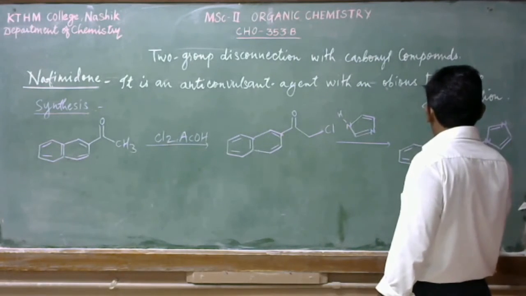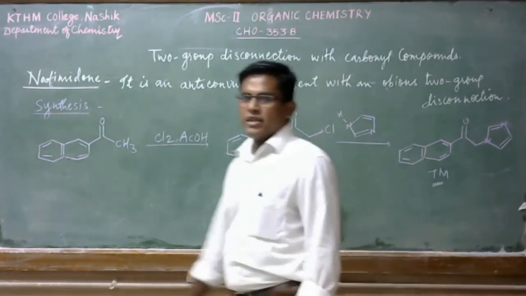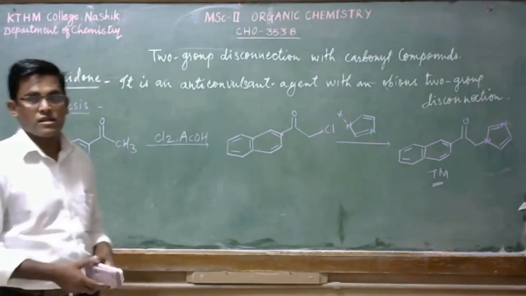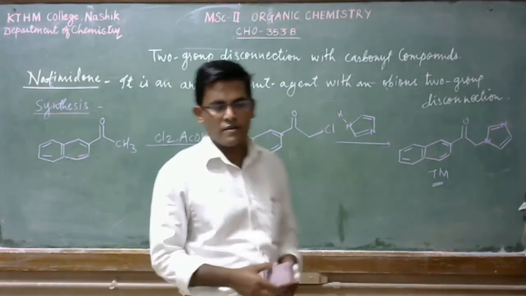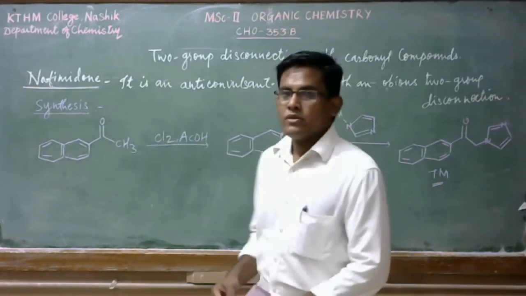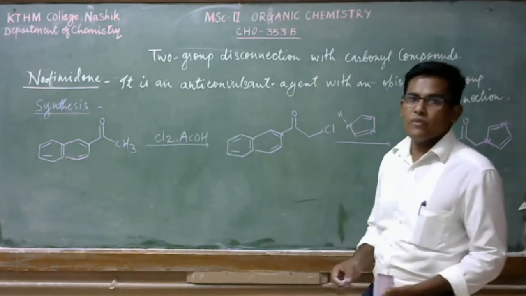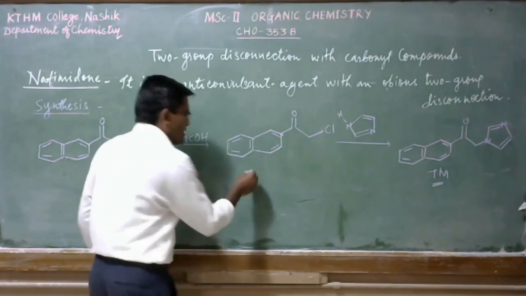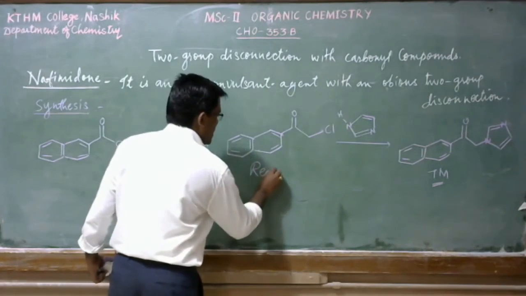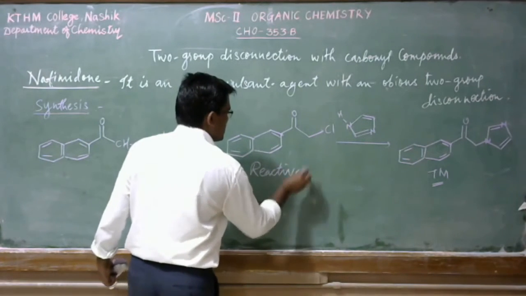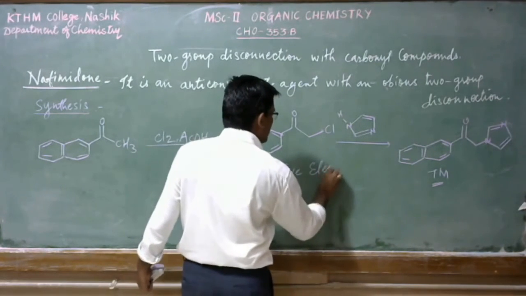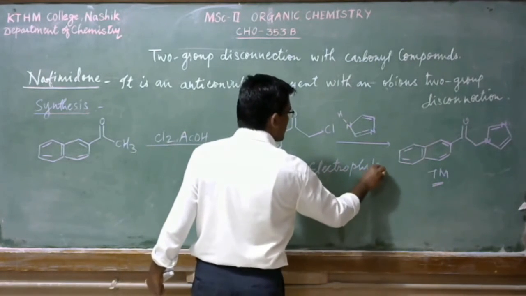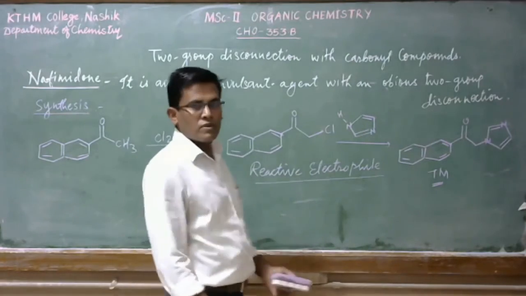So these halo compounds can be generated from ketone, ester or any carbonyl compounds. And this carbonyl group adjacent to halides makes it a reactive electrophile. Okay.